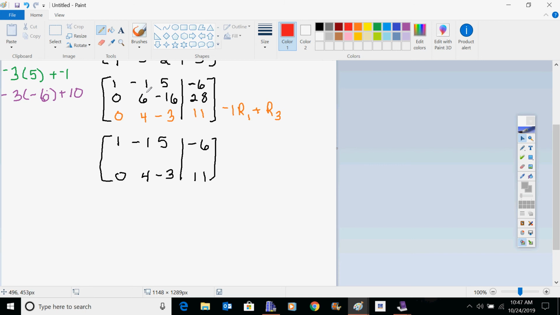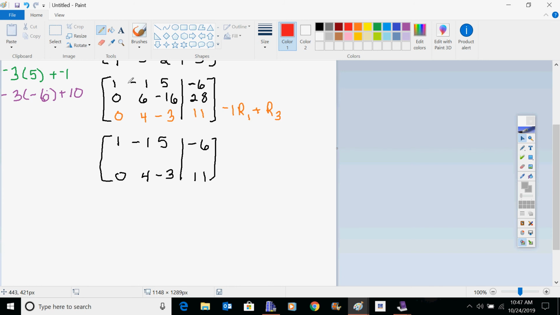By multiplying or dividing, I want to get a 1 here. Guys, pay attention. We don't need to do anything with two rows this time because all I'm trying to do is change this one into a 1.